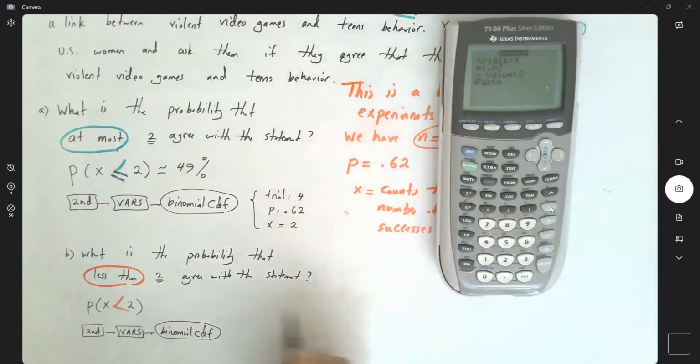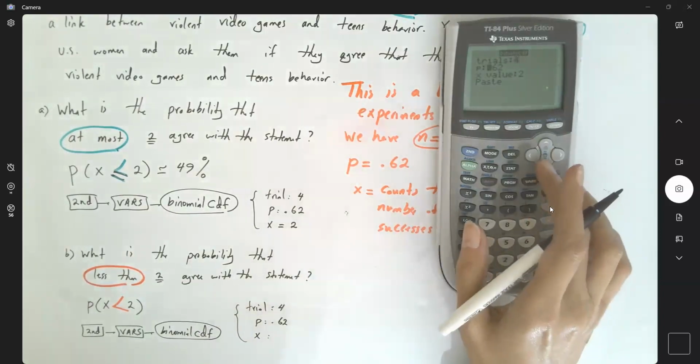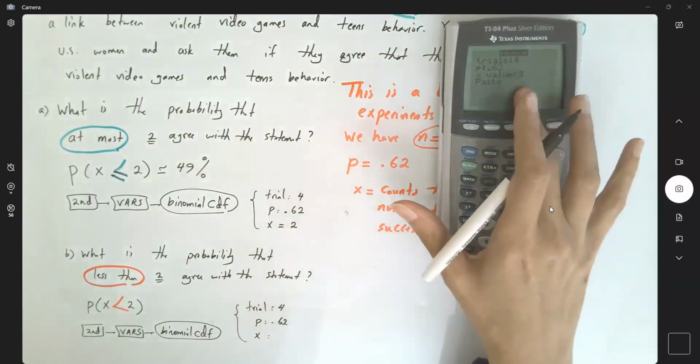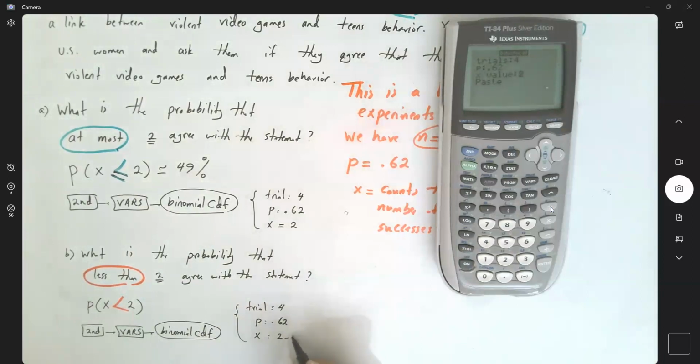The number of tries is 4 again. We're asking 4 people. It is fixed. The probability of success is 0.62. These 2 numbers are fixed. They're not changing. But X must be 1 value less. It's not 2. It is 2 minus 1, or 1 now.